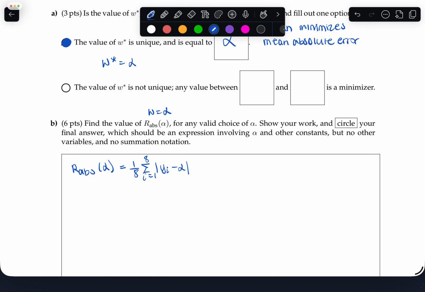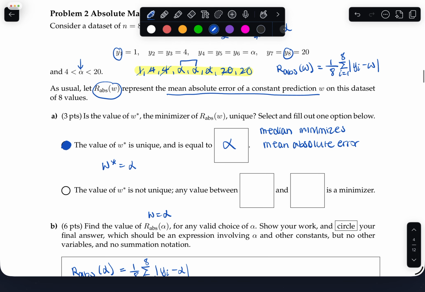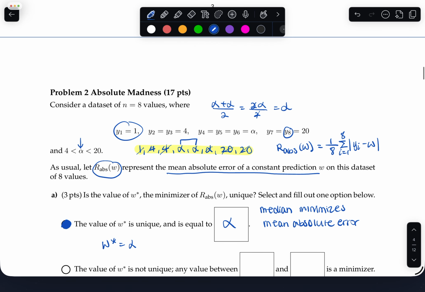And from here, we can expand this summation. For y1, which is equal to 1, we plug that in: the absolute value of 1 minus alpha, plus y2 and y3, which are both 4.